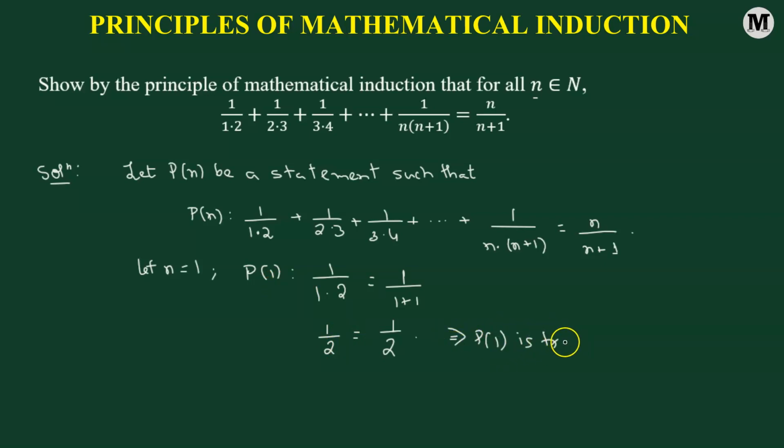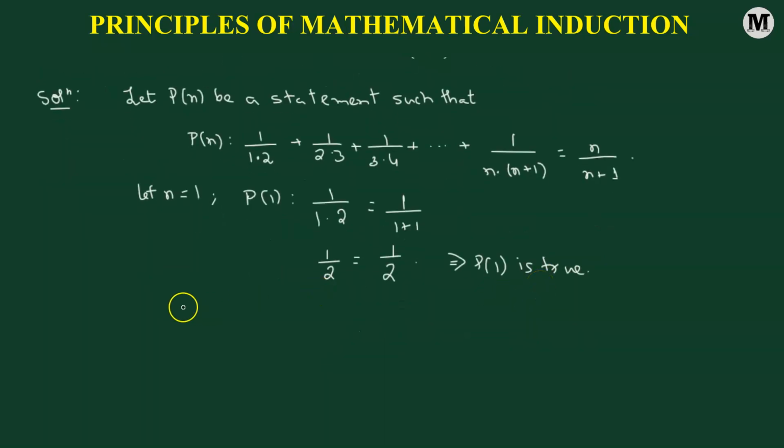Now since P(1) is true, we're going to consider the mth term. Let P(m) also be true. So if P(m) is true, then we have the expression 1 over 1 times 2, added to 1 over 2 times 3, added to 1 over 3 times 4.